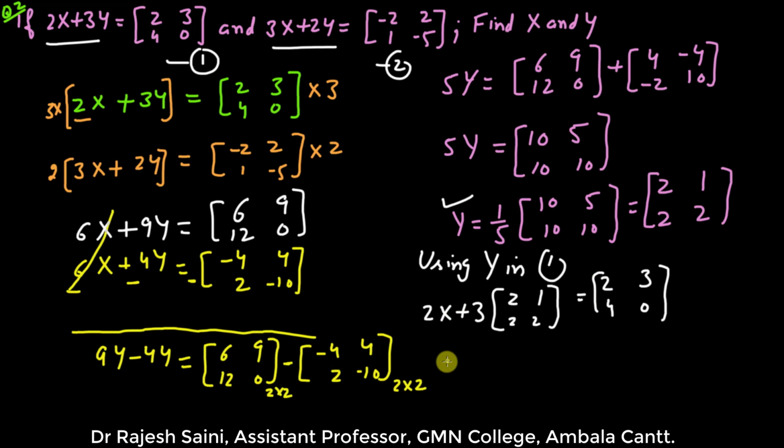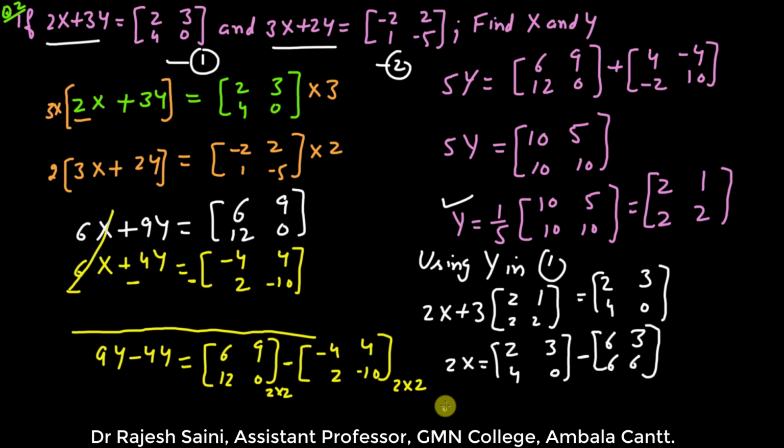So this will be 2X is equal to 2, 3, 4, 0 minus the matrix where 3 is multiplied inside. 3 into 2 is 6. 3 into 1 is 3. 3 into 2 is 6. 3 into 2 is 6.